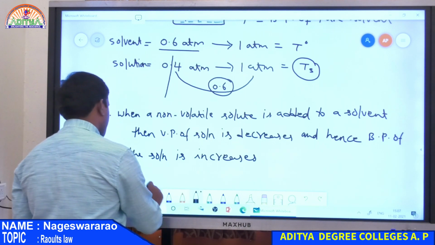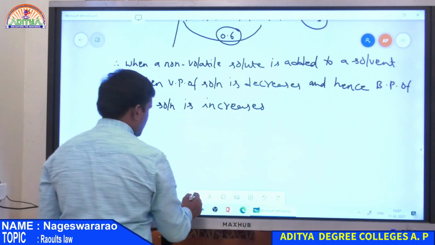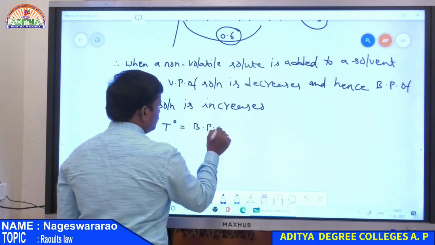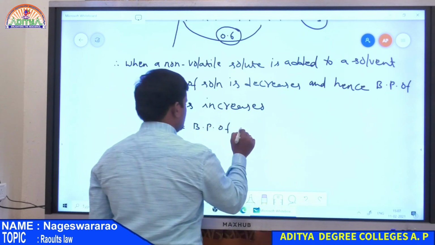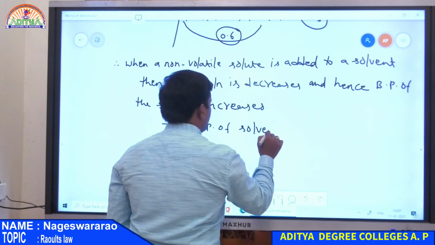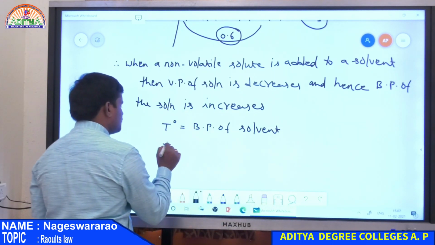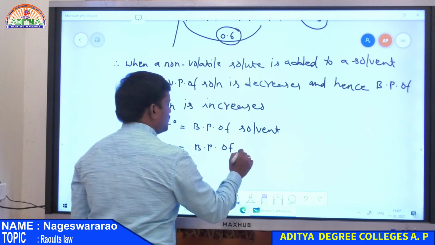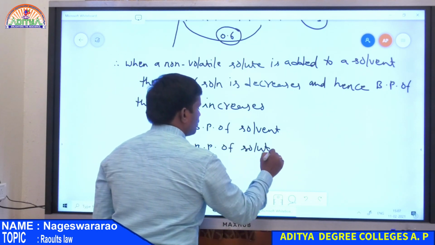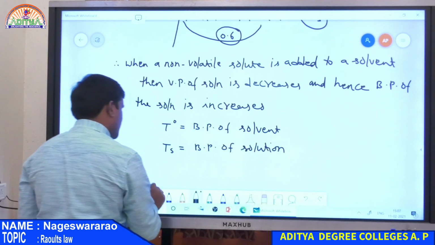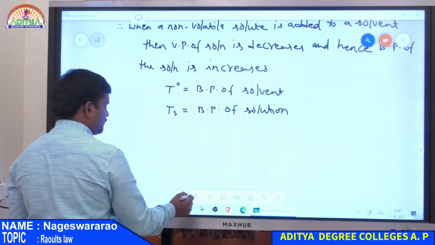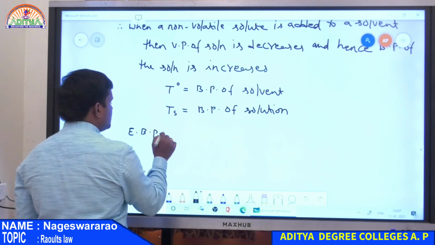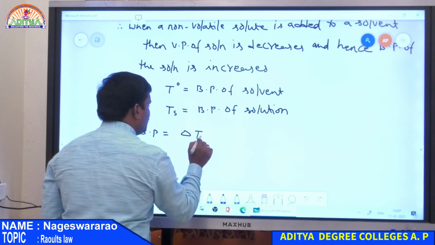Therefore, T naught is the boiling point of the solvent and Ts is the boiling point of the solution. Then the elevation in boiling point is given by delta TB.